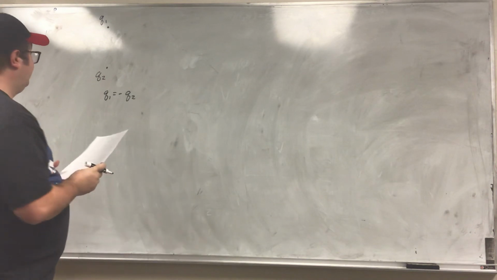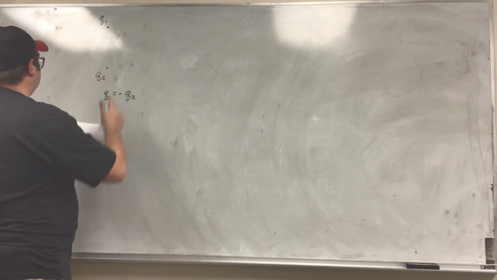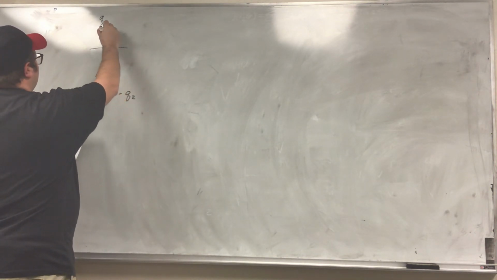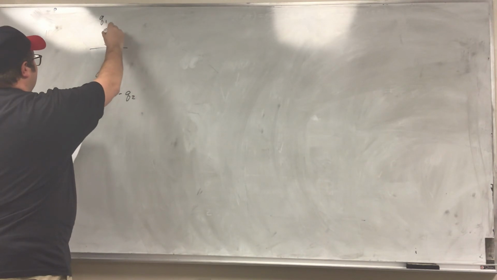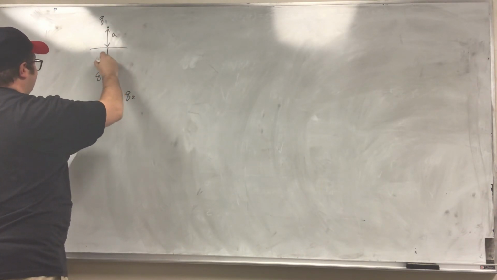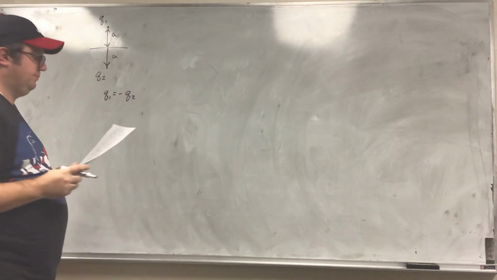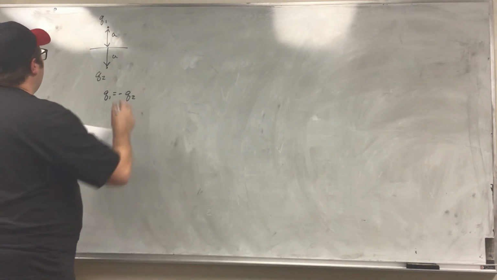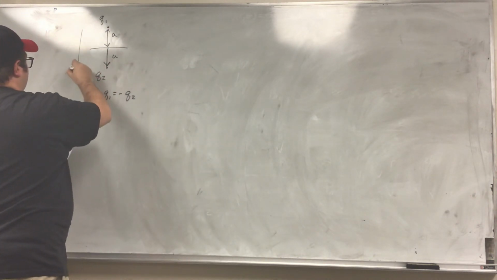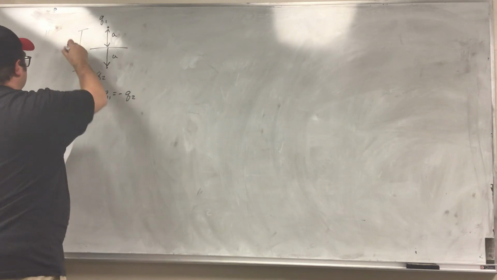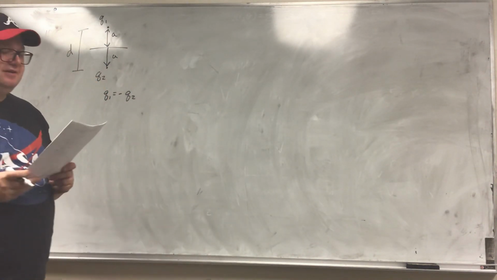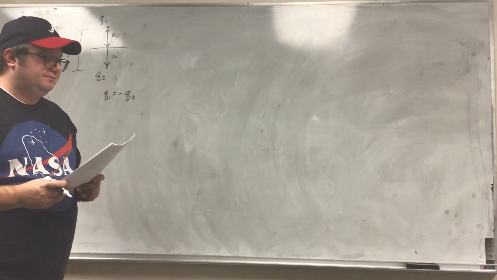Okay, they're both along the y-axis. This distance is A. This distance is A. Okay, and this distance here is D. That's the distance between the two.